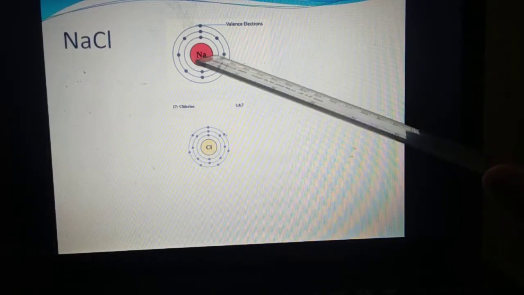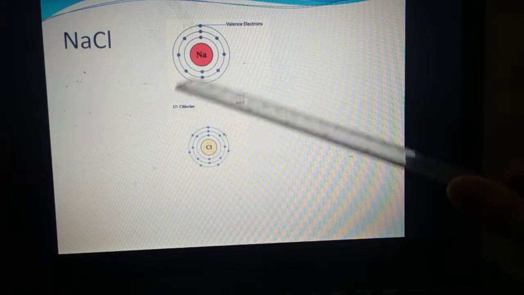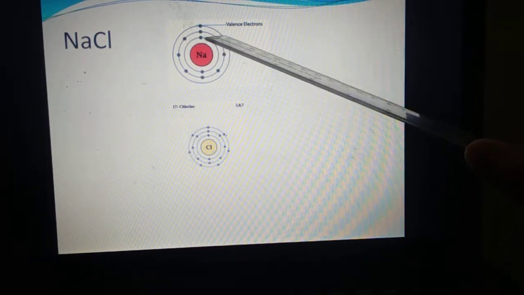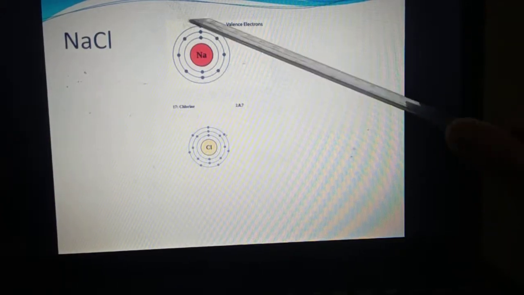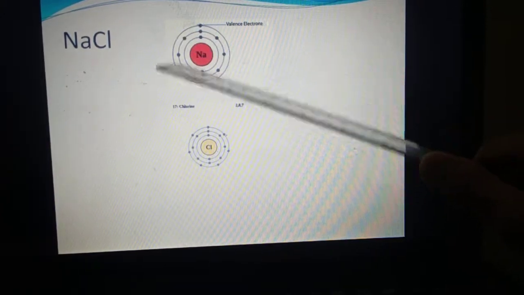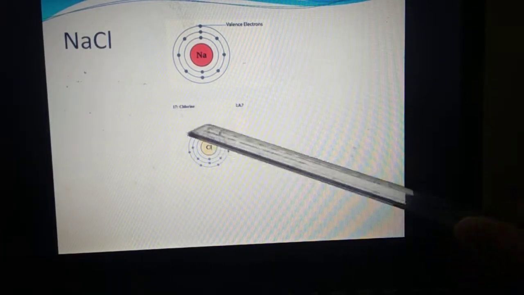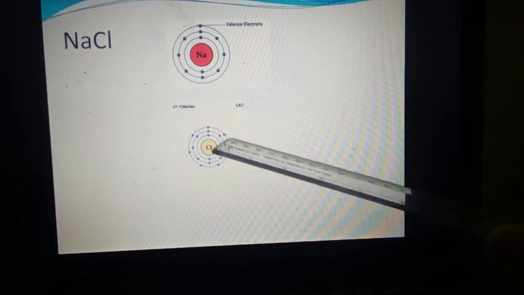Let's take example NaCl. We know that sodium has atomic number 11. So if we arrange the electronic configuration, we will have 2, 8, 1. For sodium, valence electron will be 1 electron only. For chlorine, as we have already discussed before, chlorine has 7 electrons in its outermost shell. So for getting stable, chlorine needs another 1 electron that sodium will transfer to chlorine.